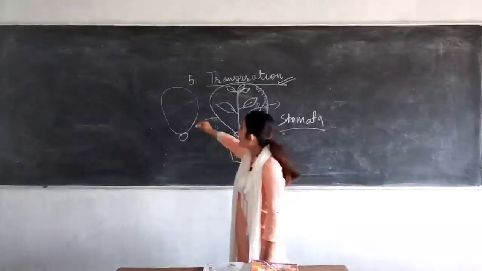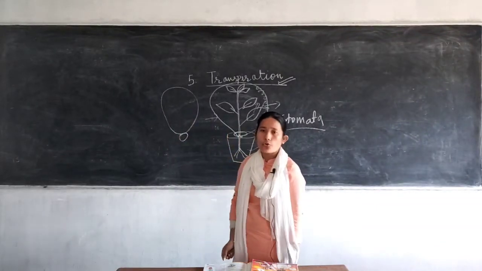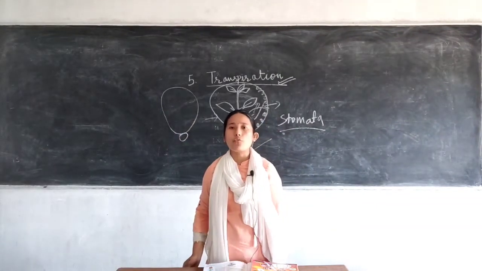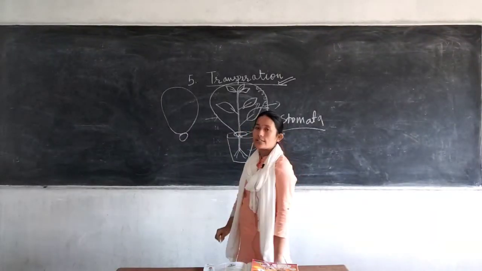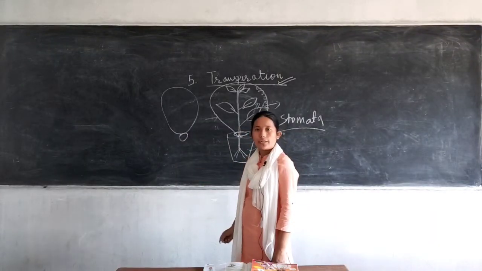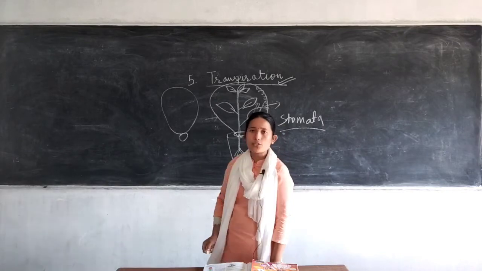Will you see a droplet of water here? No, you will not see a droplet of water. So that proves that transpiration occurs in a plant. That's one of the experiments to demonstrate this.